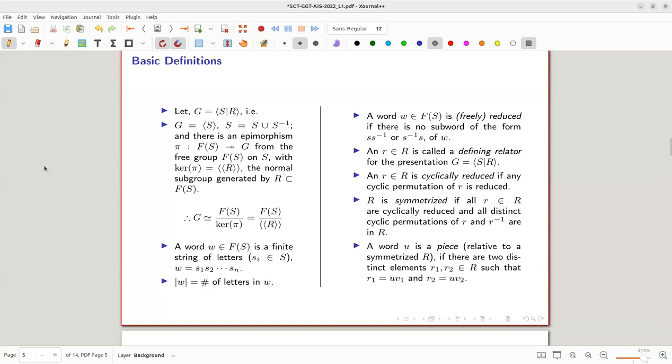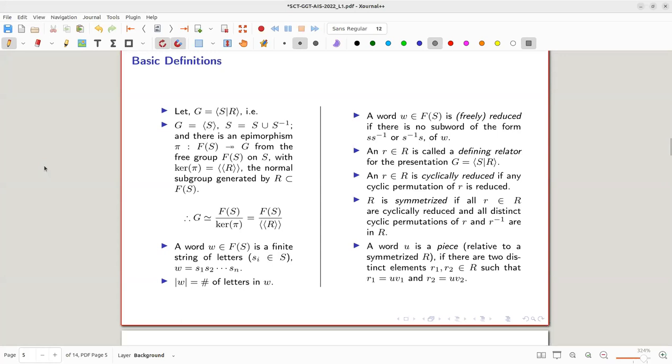A word in this free group is a finite string of letters. Essentially, we will restrict ourselves to a finite presentation in almost all the cases that we will be looking at, that is, both S and R are finite. Now a word W in F(S) is a finite string of letters s_i in S, so W will be something like s1, s2, ..., sn.